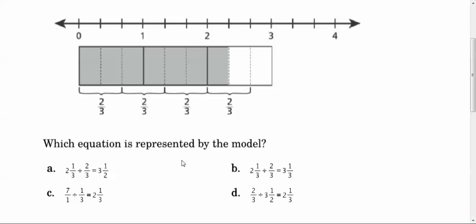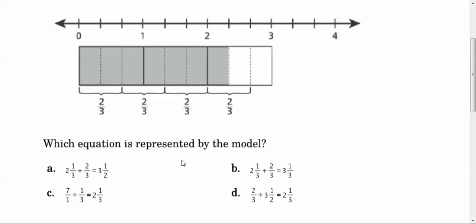If you can at least recognize that you have two whole amounts filled there, and then 1/3 of another one, and then you're cutting it into 2/3 sections, that could be either choice A or B. So really what separates choice A from choice B is the answer. The answer for A is 3 1/2. That's different from choice B, 3 1/3.